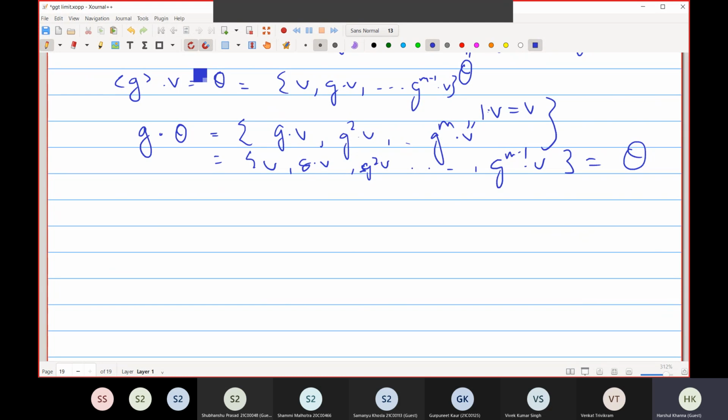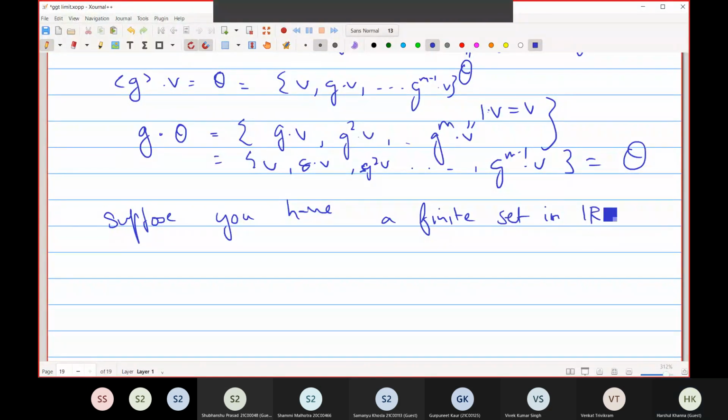Now we want to have some contradiction, right? How does that contradiction arrive? Note, suppose you have a finite set O in Rn. Look at its centroid.